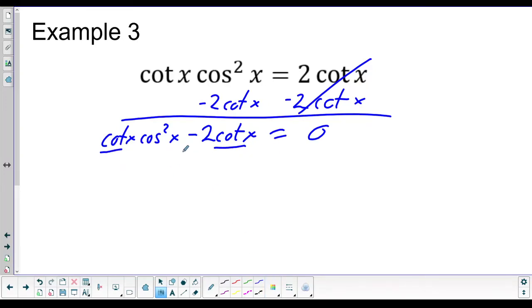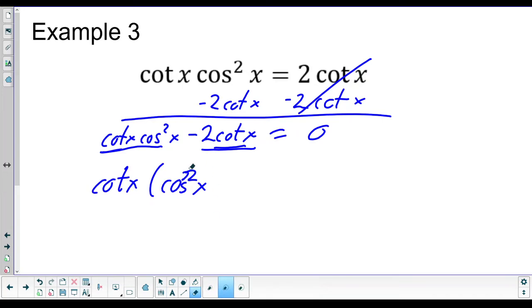So these are a common factor of this term and this term. So we're going to factor out the cotangent. So we have cotangent of x times cosine squared x. Let me clean that up so that you guys don't yell at me. Cosine squared x minus 2 equals 0.